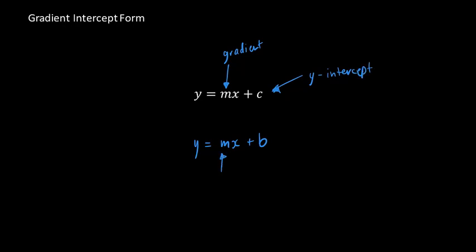And it's the same if we see it in the other form. So our gradient is m, and our b is our y intercept. And what we're going to look at doing now is graphing using that technique, or identifying an equation given those particular points, identifying our gradient, and then also identifying the y intercept.